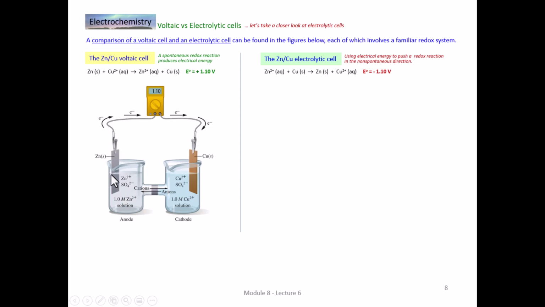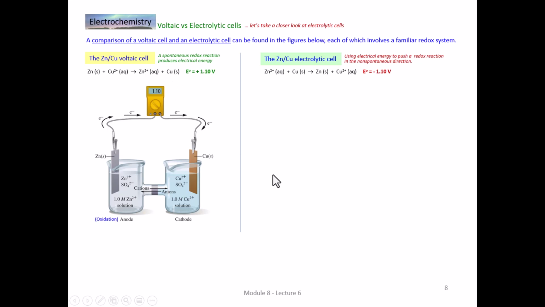We find that what happens spontaneously is that the electrons tend to leave the zinc electrode, producing zinc ions. That's one of the products. The electrons flow spontaneously across to the copper electrode and end up reducing copper ion, which is in the solution on the right-hand side, to copper metal. So the products are copper metal and zinc ion.